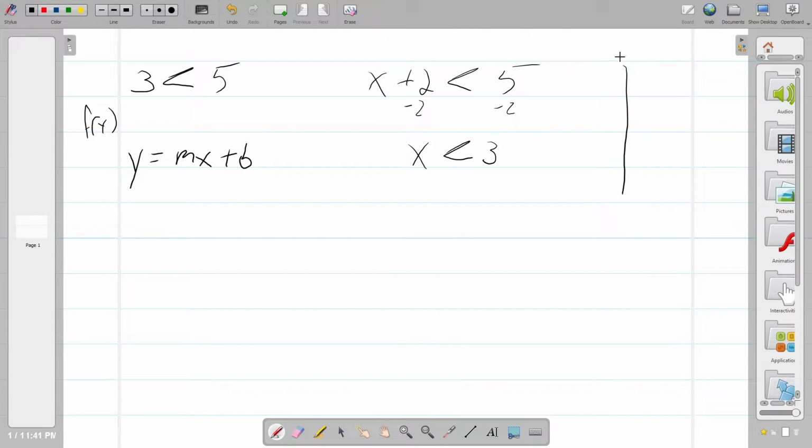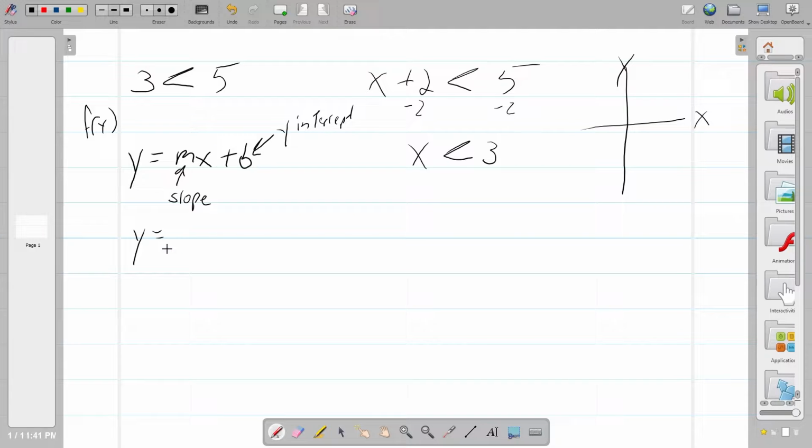Mx, m is the slope. X is your x-axis variable, and b is your y-intercept.